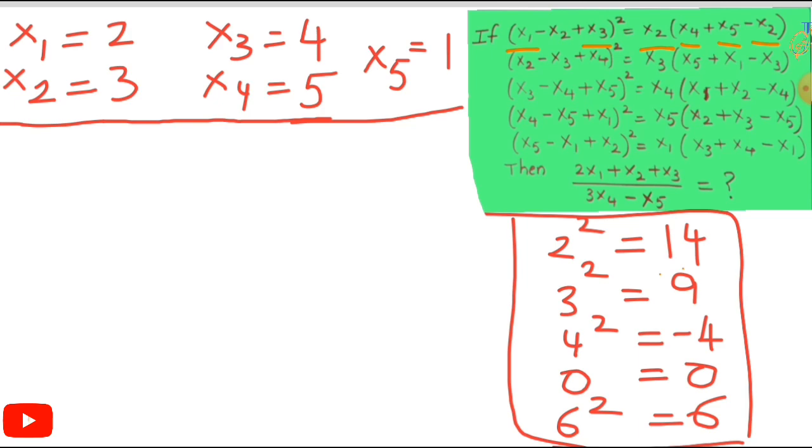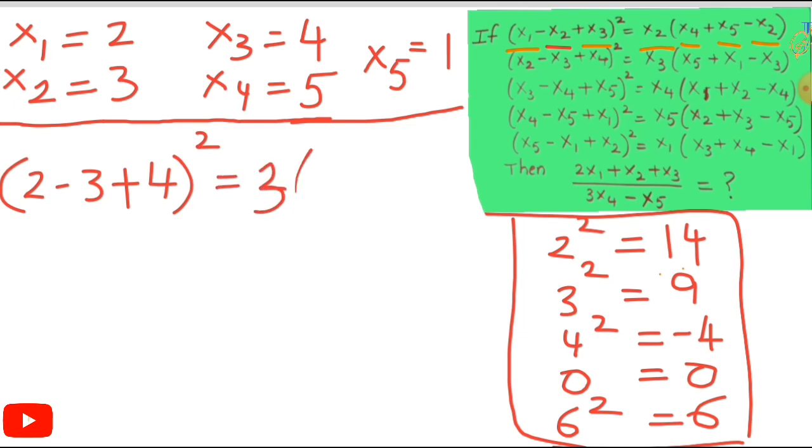If you substitute in the first equation x1 equal to 2, then you will get (2 - 3 + 4) whole square, that is equal to 2, x2 is 3 times (x4 is 5, x5 is 1 minus x2 is 3).